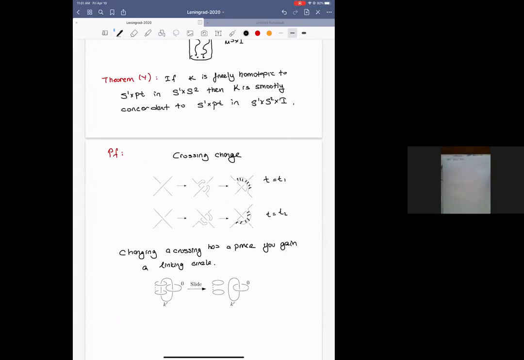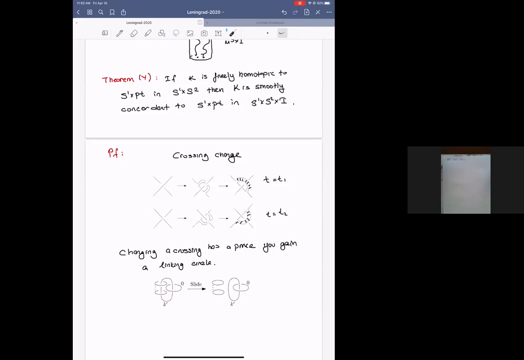Okay, so what I'm saying here, whatever the knot you start with, do all these necessary crossing changes, and at the end, since you are homotopic to S1 cross point, right? You ended up with that S1 cross point, the knot, which I represent here by K prime, and a bunch of linking circles. But these linking circles slide, I mean, they bound in S1 cross S2 by this light bulb trick.